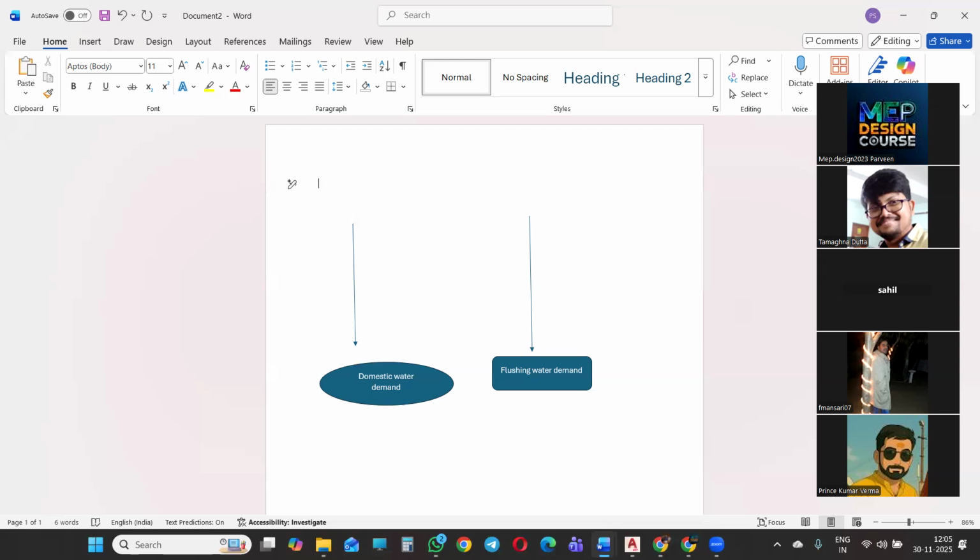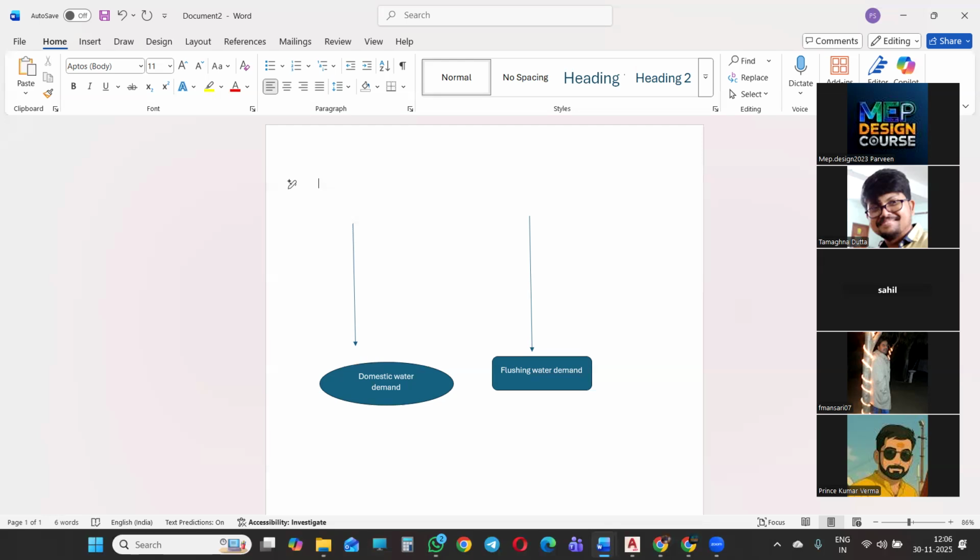STP treats the flushing water going from the building. In any country, in India or anywhere in the world, there is no STP with 100% output. Whether it is a 100 KLD, 200 KLD or 500 KLD STP, only 80 to 85% output will be there.